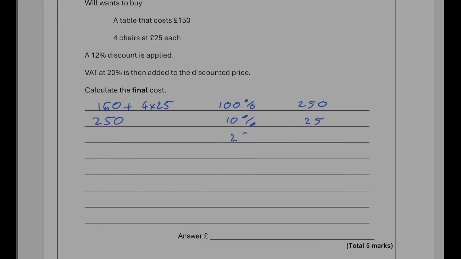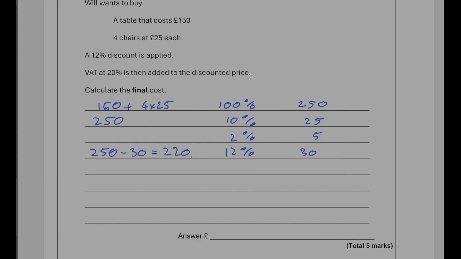So 2% is going to be equal to £5, because 1% would be 2.5, so 2% would be double that. So 12% is going to be equal to £30, and I need to take that away from the original price. So 250 minus 30 is going to give me £220.